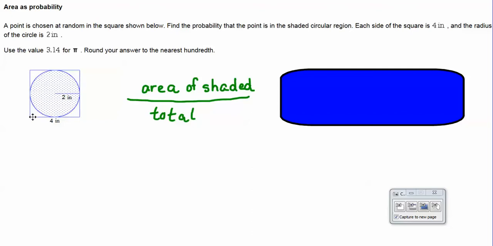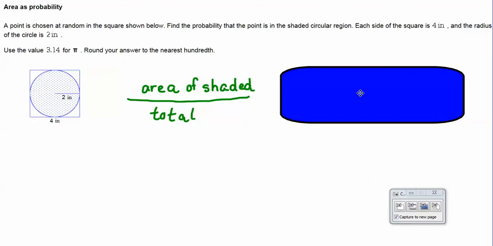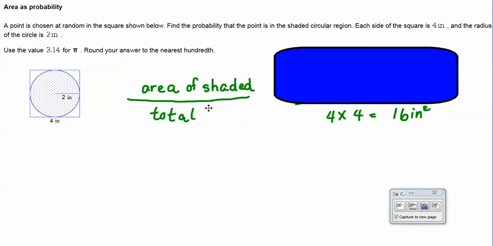I have a total area of a square that's 4 by 4. So on my computations, my total is going to be 4 times 4 for 16 square inches. And the area of my circle is pi times the radius squared, the formula for the area of a circle.